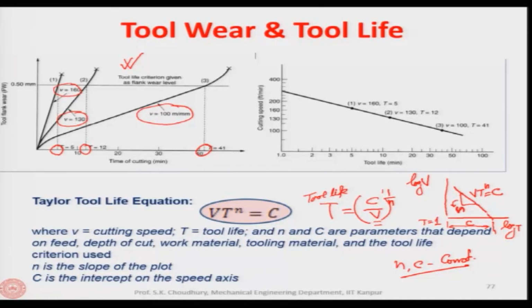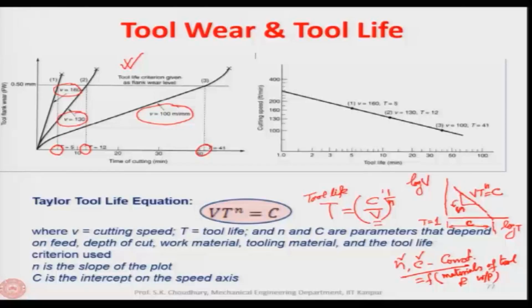Now, these constants c and n are a function of the combination of the materials of the tool and the workpiece. Depending on the tool and workpiece material combination, you can find out the values of n and c, which are normally given in the material handbook.